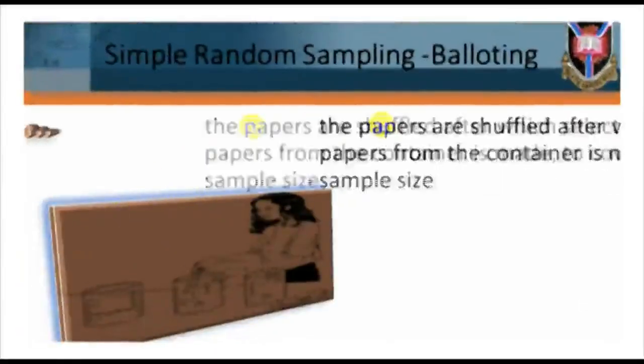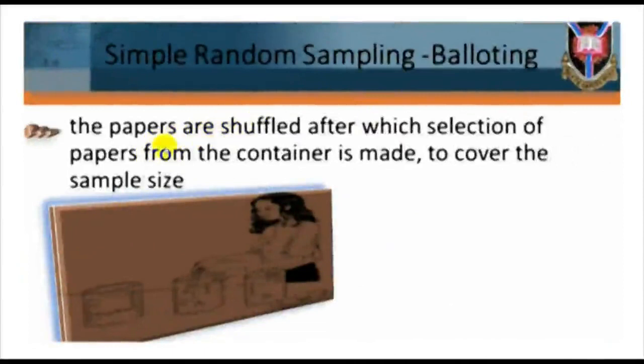After all the papers are folded and placed in a container, the papers are shuffled, after which selection of papers from the container is made to cover the sample size. Each selected number is taken as the serial number of the corresponding member of the population. The member is thus included in the sample.